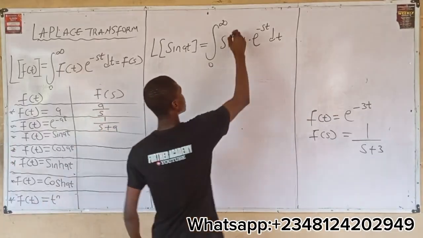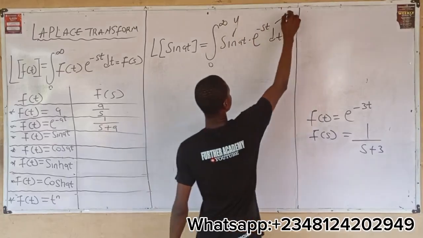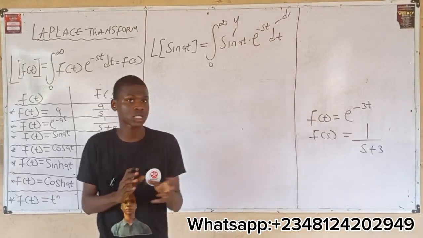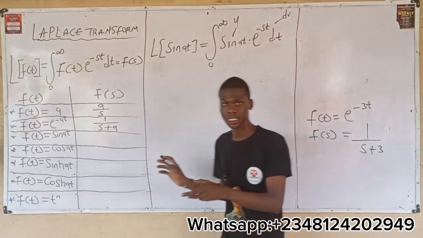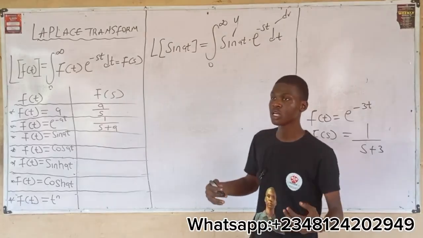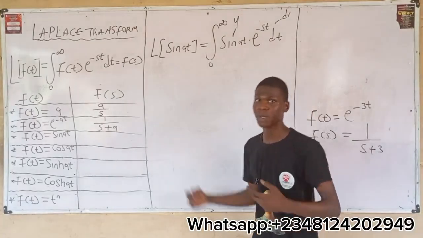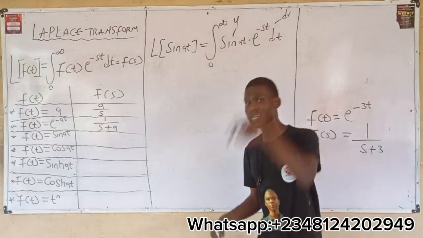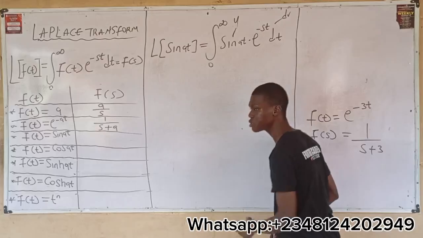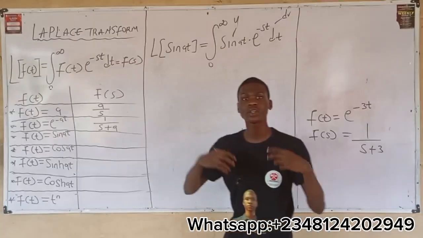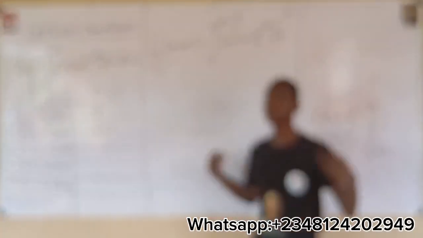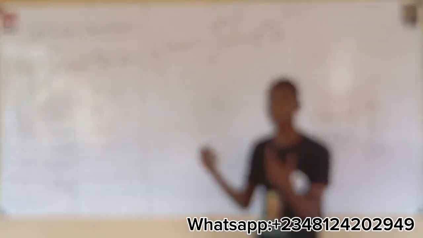In some cases, when you want to transform a particular function, you make use of integration by parts. But for this particular question, you are not going to use by parts, because it becomes complex and will take a whole lot of time.